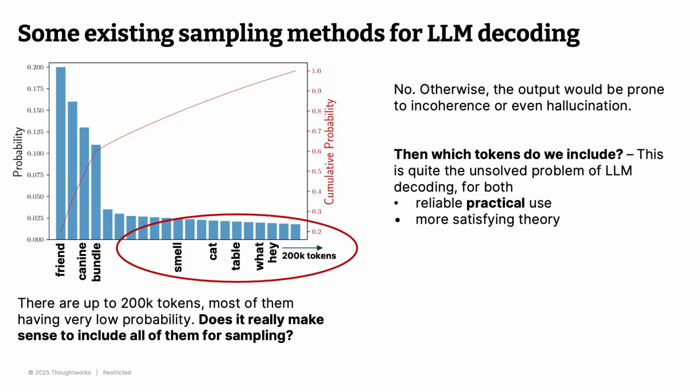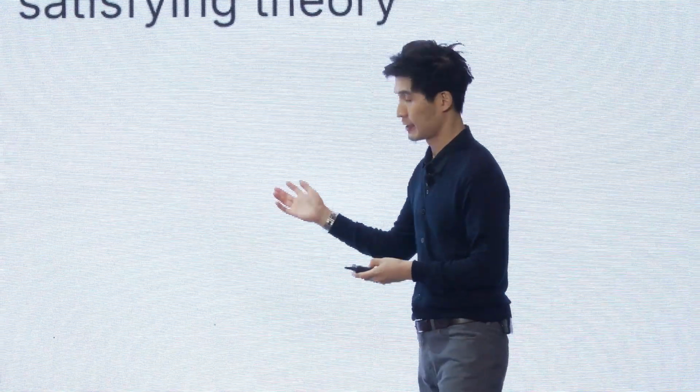Why is that the case? There are so many words that are of low probability and of low relevance to the text. If we include them in the sampling, the entire generation will be prone to incoherence or even hallucination. And the next question would be, which tokens do we then include?